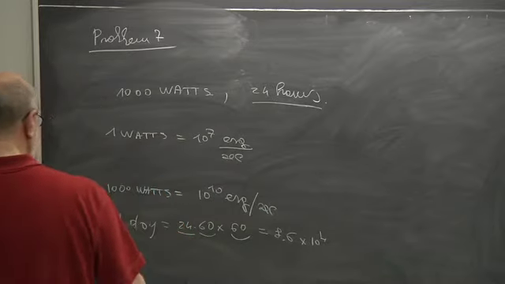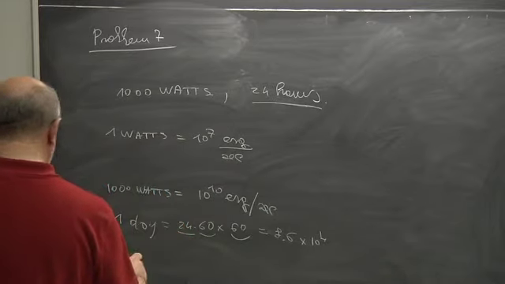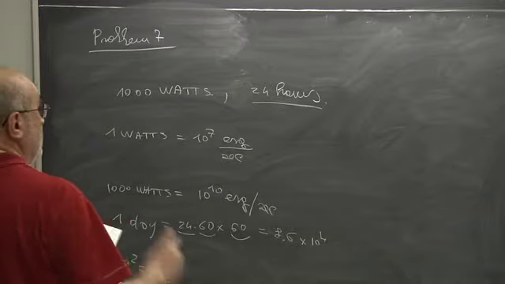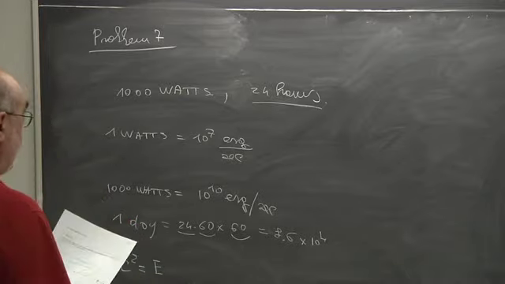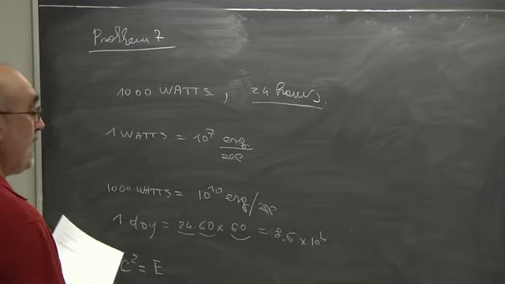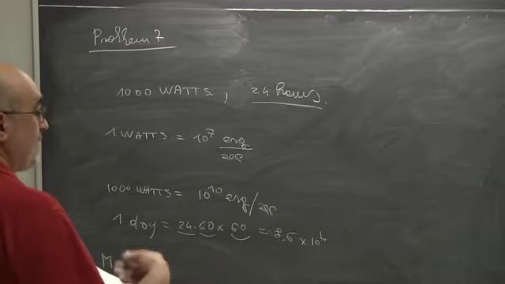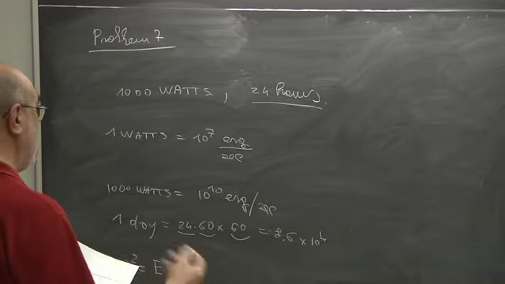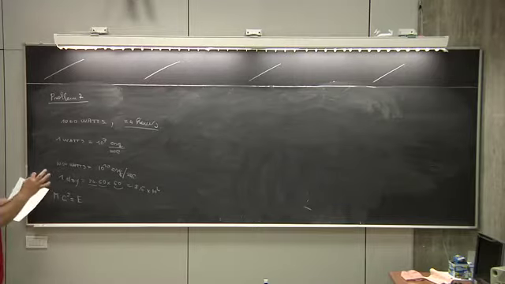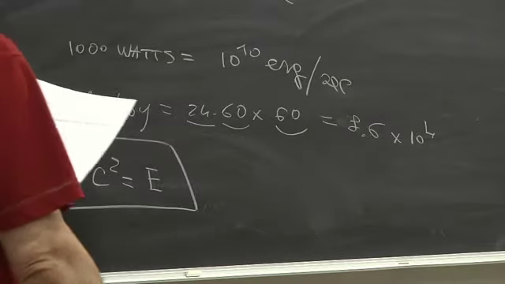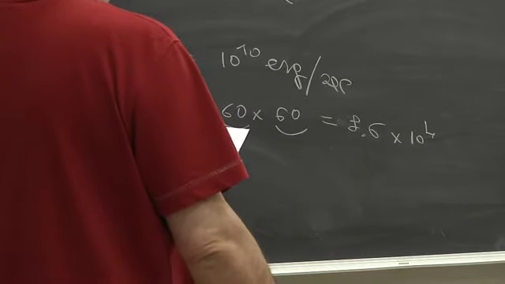Okay. Now, they want to know the mass equivalent. The mass equivalent means you use the relation E equals mc squared, as if this energy or radiation emitted were absorbed. That is the mass equivalent. So when they ask you the mass equivalent, you use this relation.